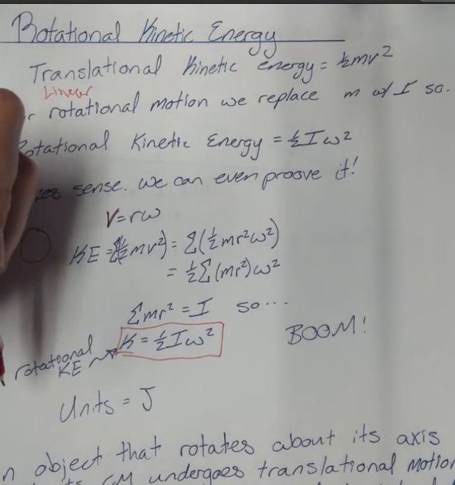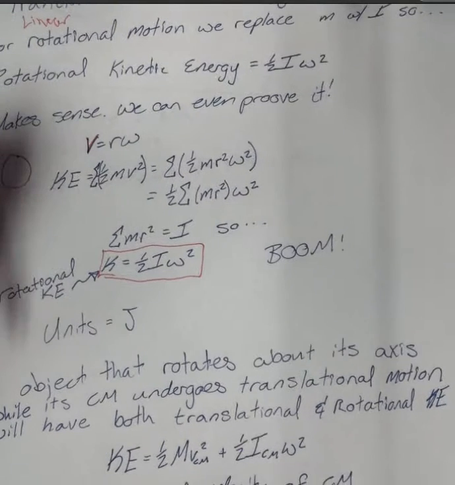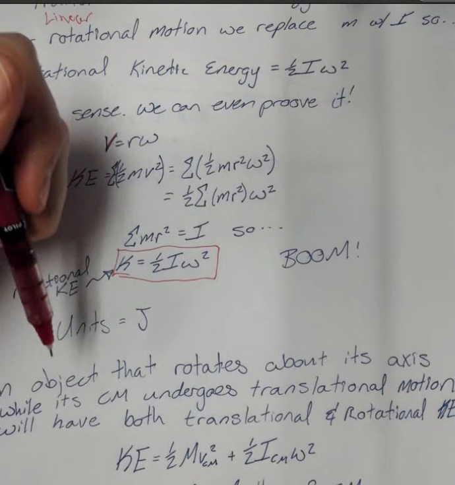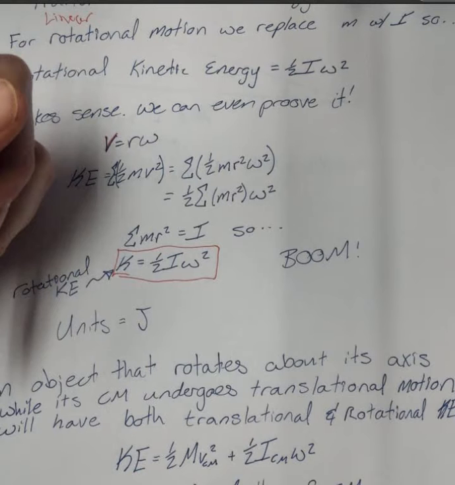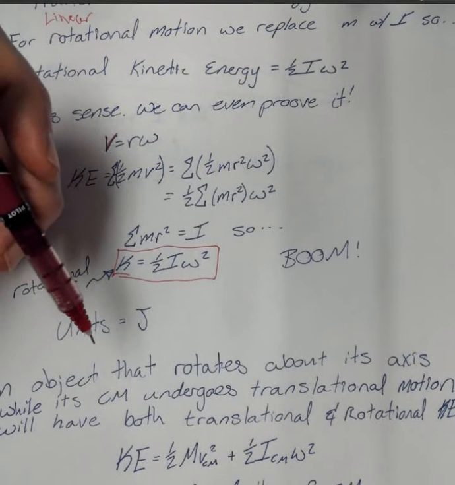So let's think about this practically now. An object that rotates around its axis while its center of motion is undergoing translational motion is going to have two types of kinetic energy, rotational and translational kinetic energy.